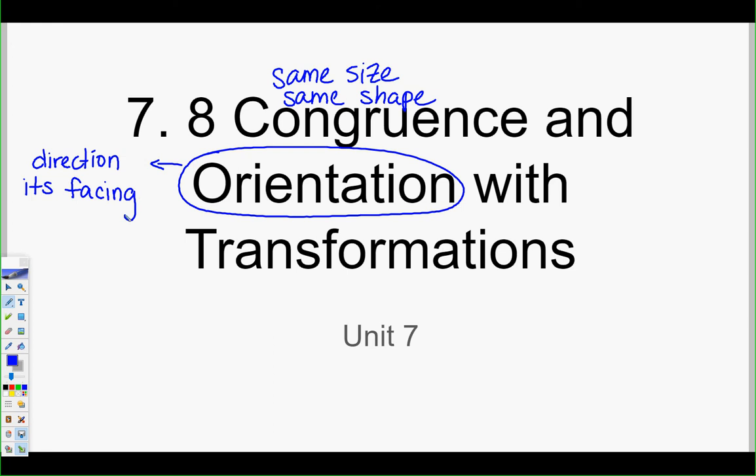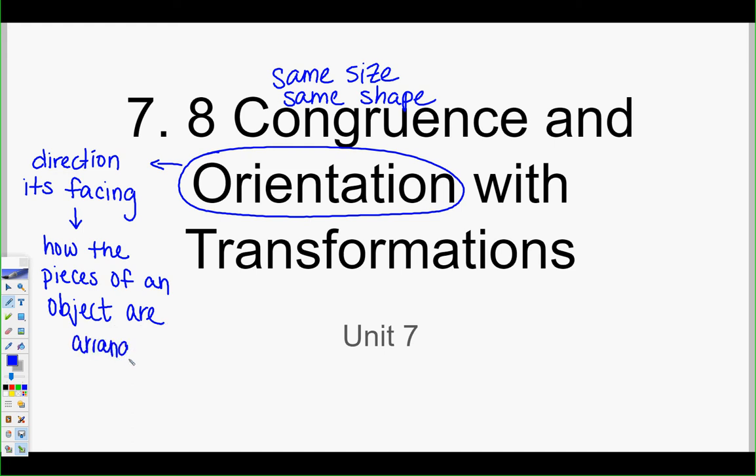It's also how the pieces of an object are arranged. Okay, make sure you're writing this down. Again, somewhere maybe at the top somewhere.